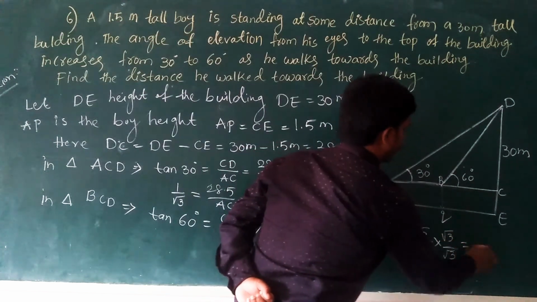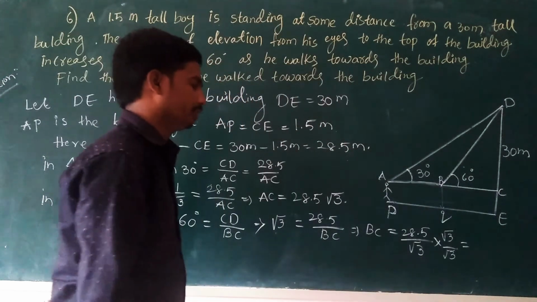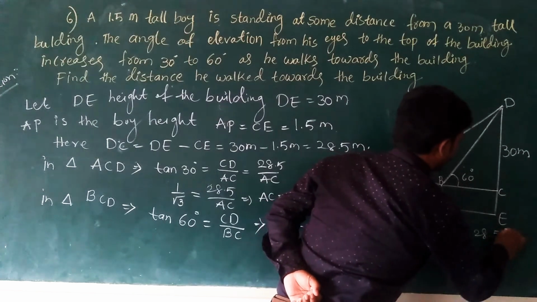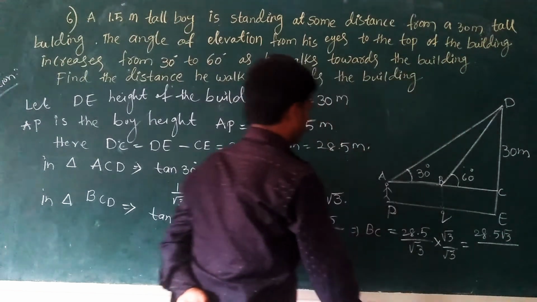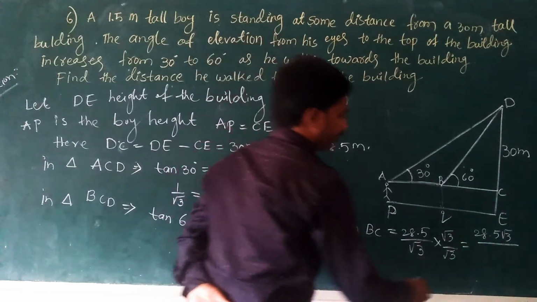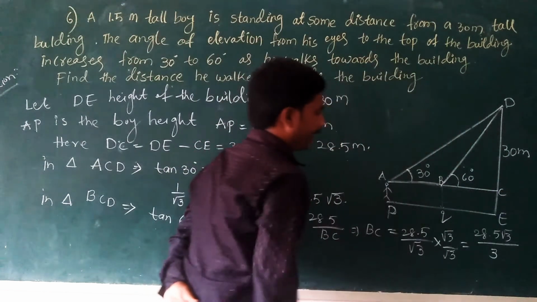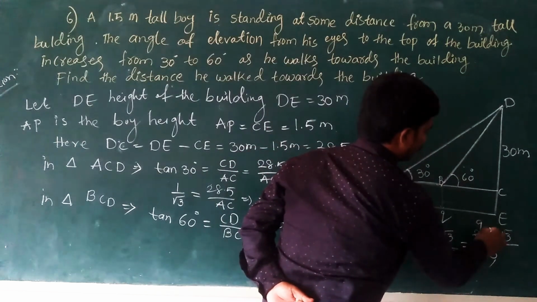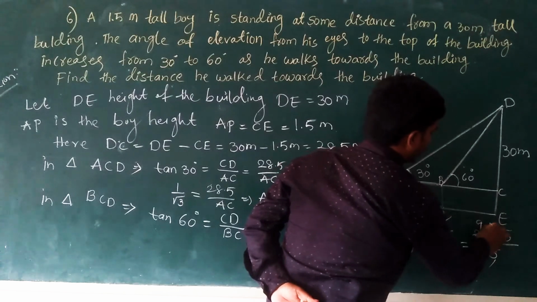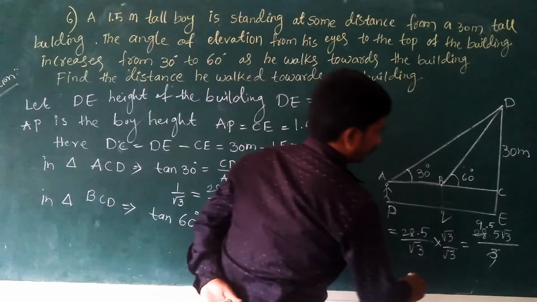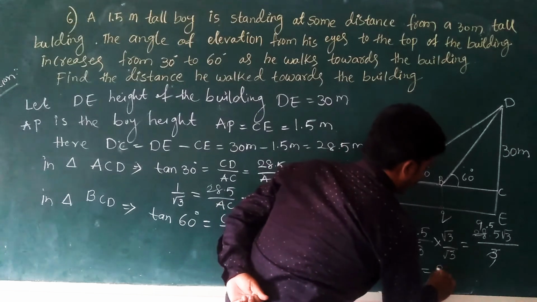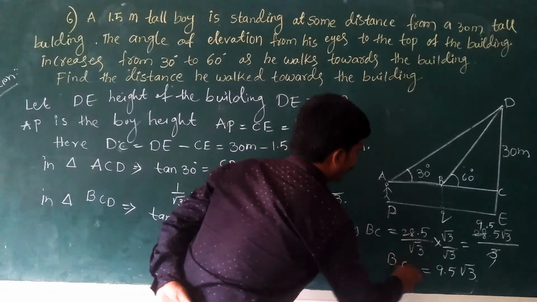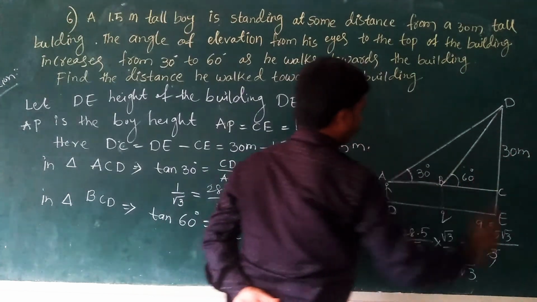Rationalization: multiply numerator and denominator with root 3, then we will get 28.5 root 3 by 3. 3 ones are 3, 3 nines are 27, 1.5, so 0.5 are 15. 9.5 root 3. This is BC, the distance from B to C.